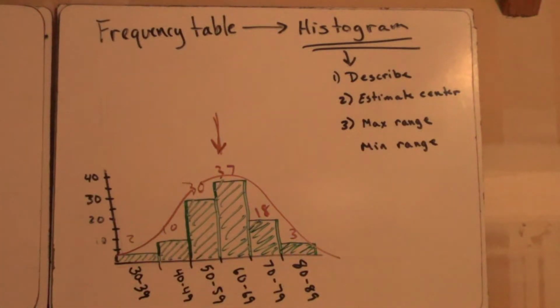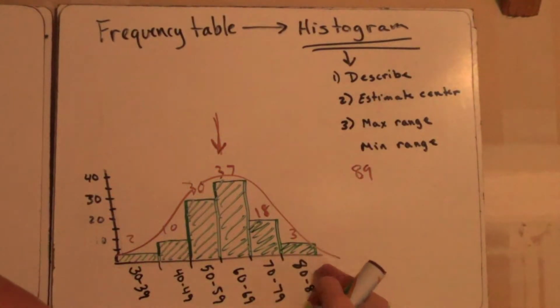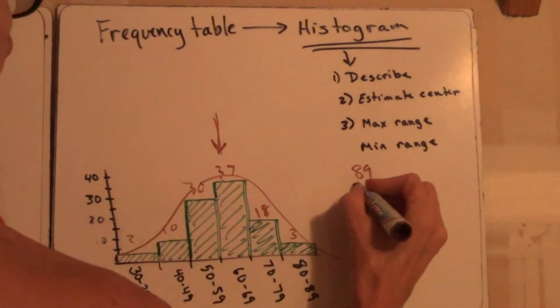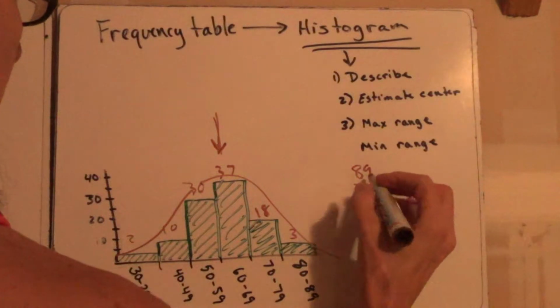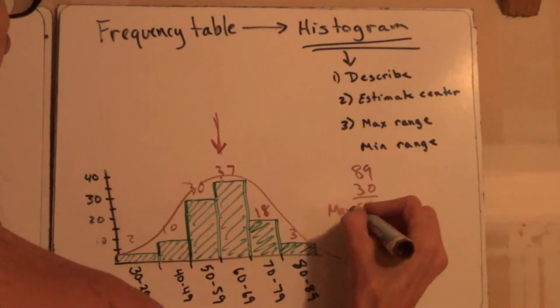You should be able to explain what the maximum range and the minimum range would be. Well, the maximum would be 89. If your senator up here was 89 and your senator here was 30, that would be your maximum range of 59 years. So that would be a max.